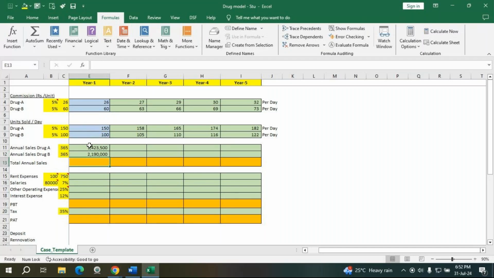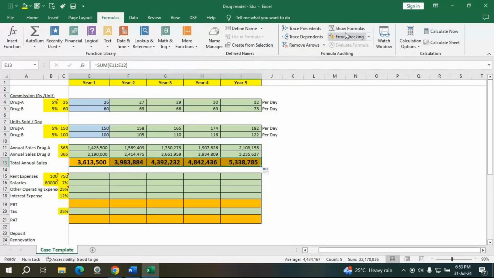I'll drag it. Here also for drug B, I'll drag, and here I'll press alt equals. I'll show the formula, do this, then we'll go for the next step.